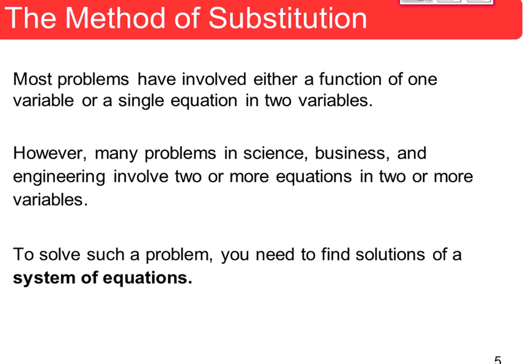And so when we're looking at more than one variable, this says science, business, engineering, 2 or more variables, 2 or more equations, and so a lot of times we're looking at different dynamics, like the constraints we have for time, the constraints we have for resources, how much of something we can package together, and just kind of optimizing in all these areas of business and science and engineering.